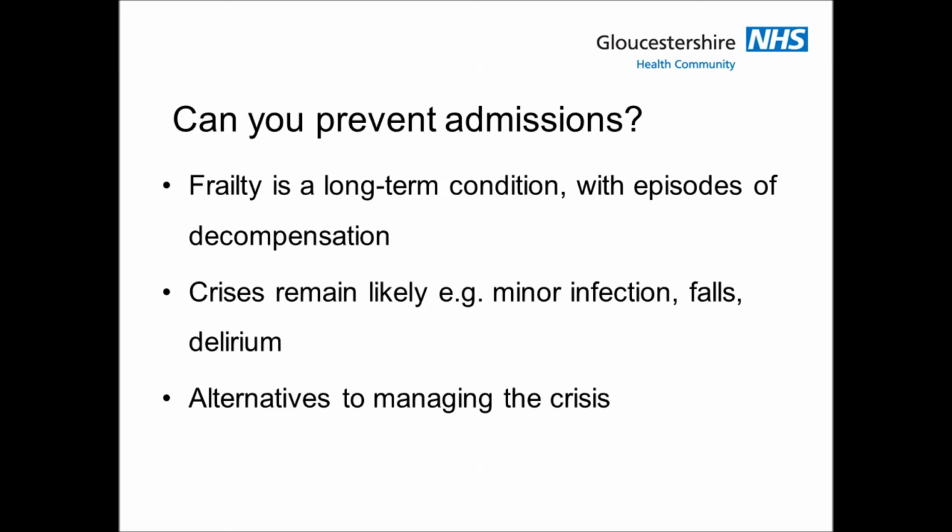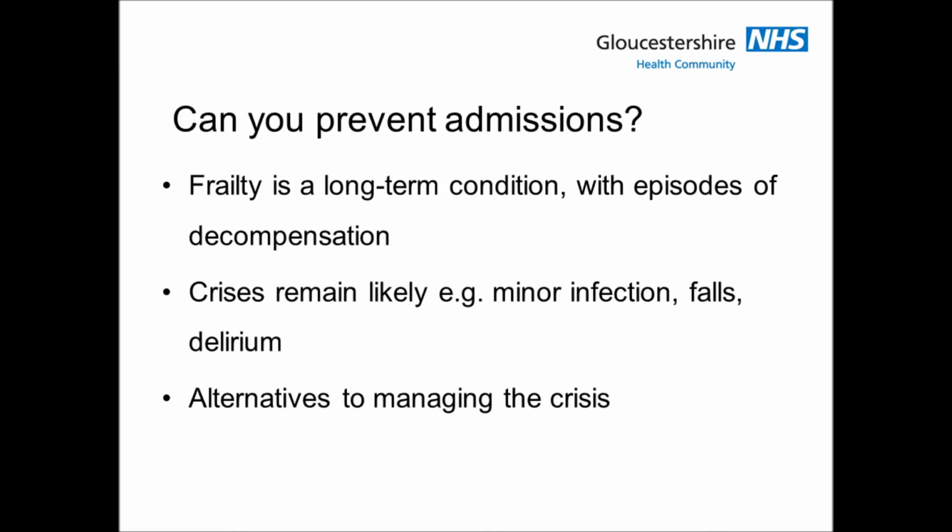Yeah, so this is, I guess, the holy grail in the whole topic of frailty, and often debated and disputed as to whether we really can avoid admissions. I think we can avoid admissions, but if we think of frailty as a long-term condition, we probably can't avoid those episodes of destabilisation. The same has been shown in the heart failure world and the COPD world and so on.